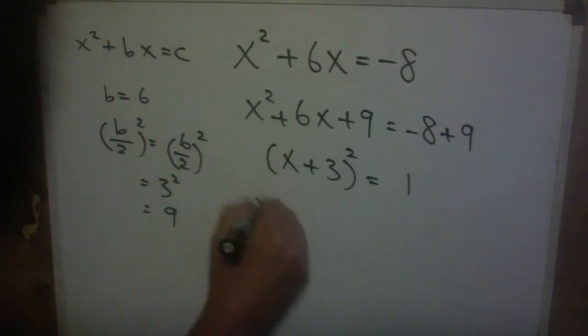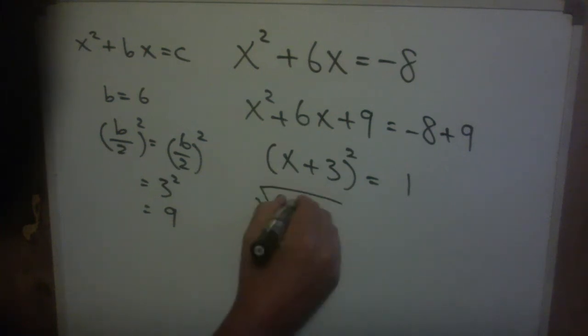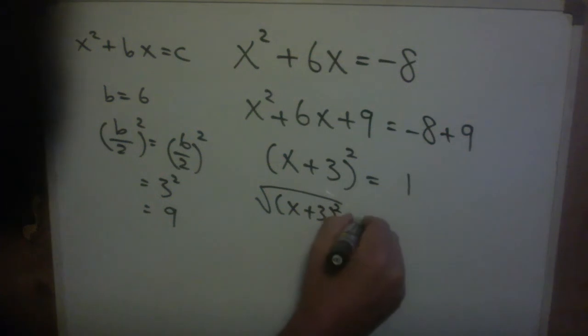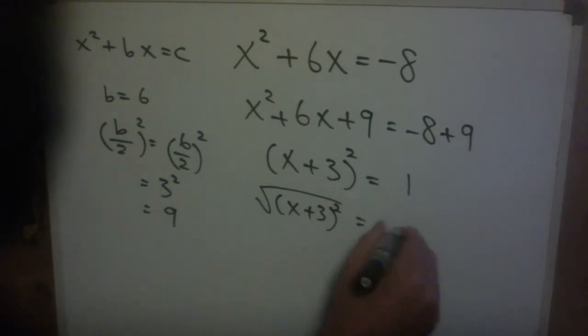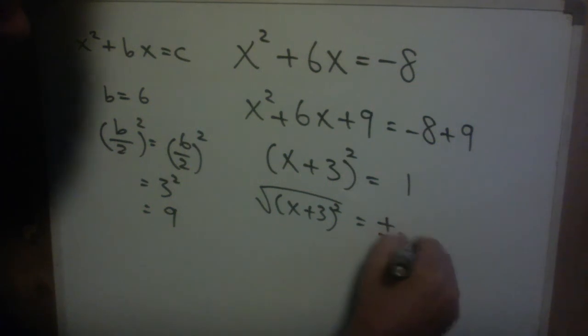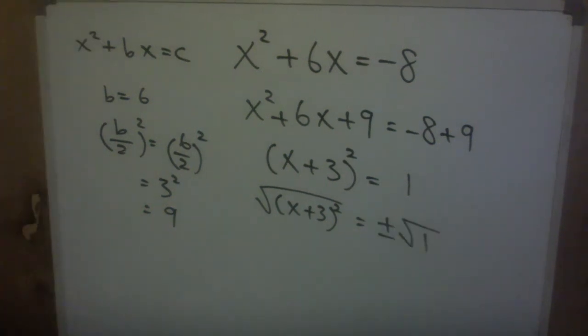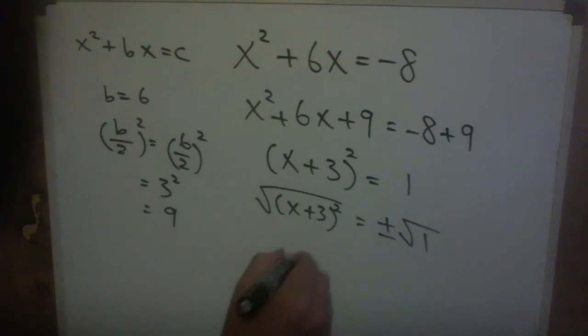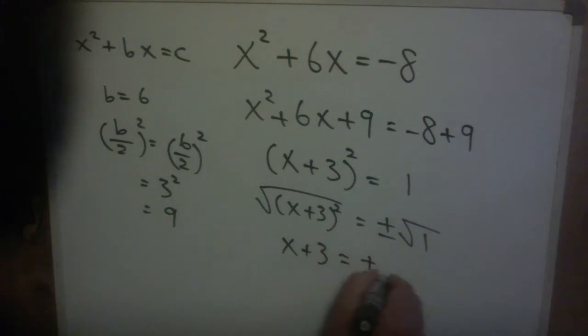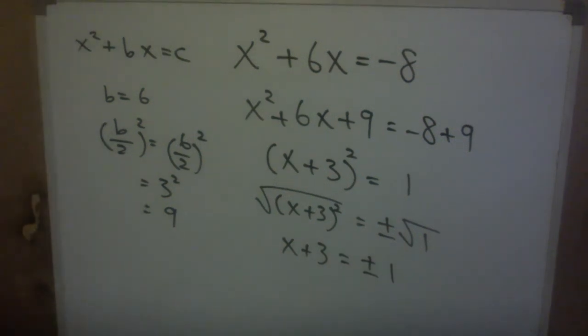The right-hand side is going to be positive and negative square root of 1. The left-hand side is just x plus 3, equals positive and negative 1.